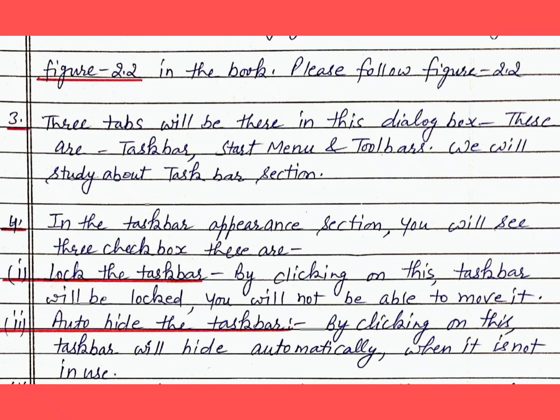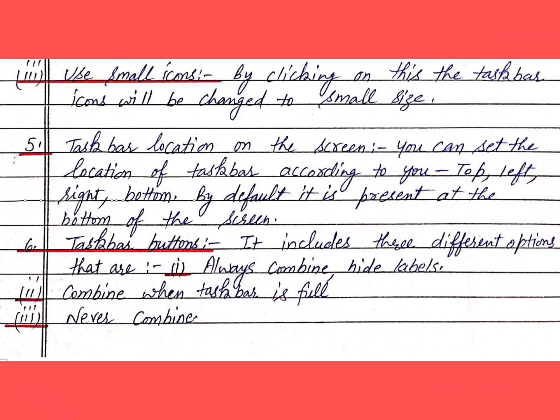Auto hide the taskbar. By clicking on this, the taskbar will hide automatically when it is not in use. Number 3. Use small icons. By clicking on this, the taskbar icons will be changed to small size.